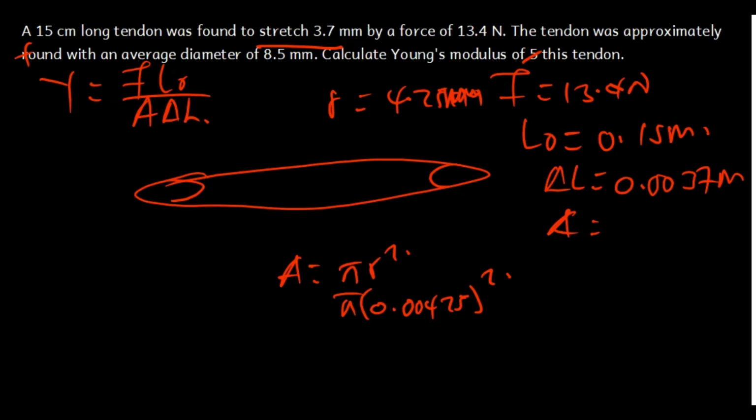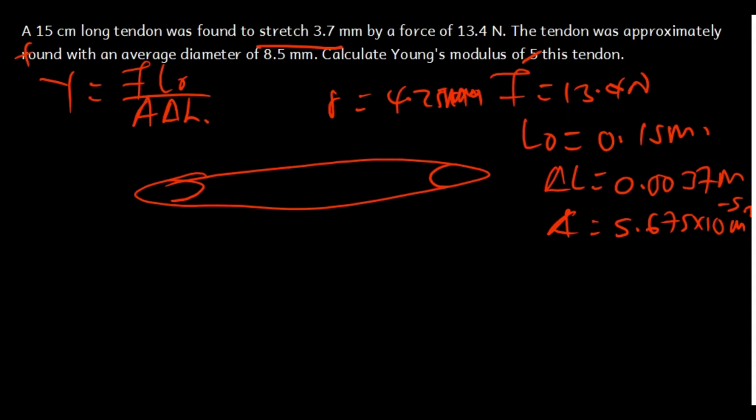I can put this in scientific notation, which gives me 5.675 times 10 raised to the power negative 5 meters squared. Now I can plug in the values.